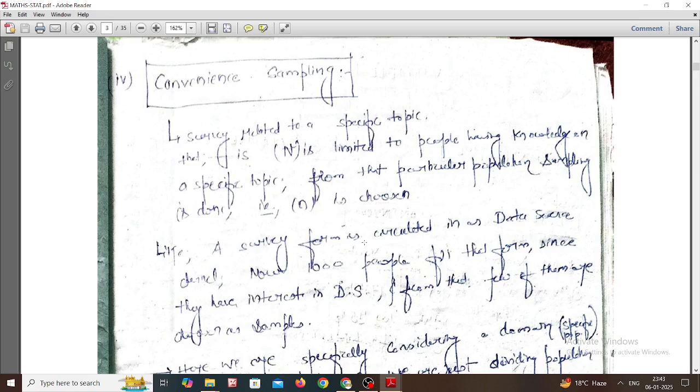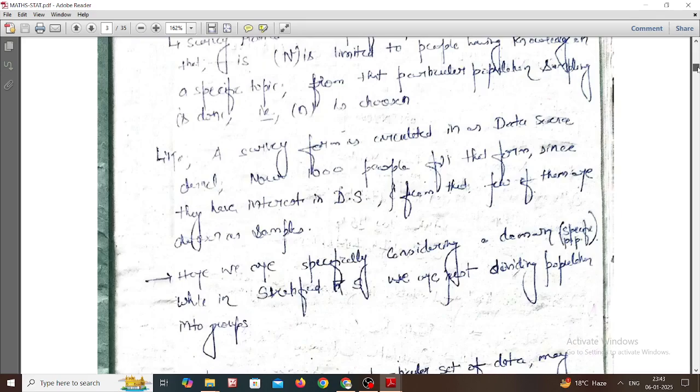Like a survey form is circulated in a data science channel. Now 1000 people fill the form since they have interest in data science, and from that a few of them are chosen as samples.